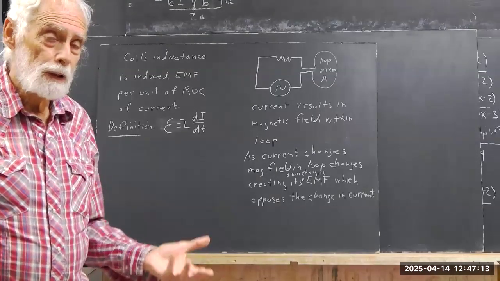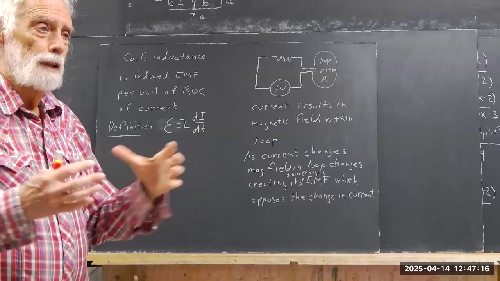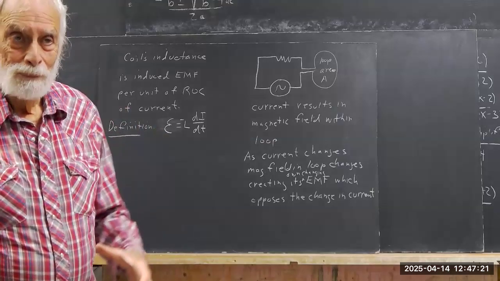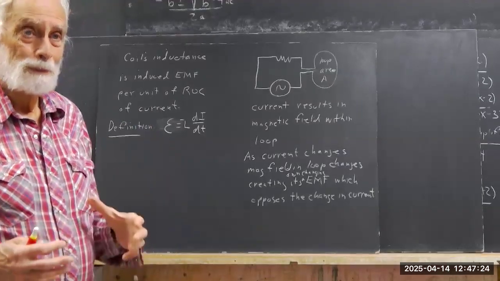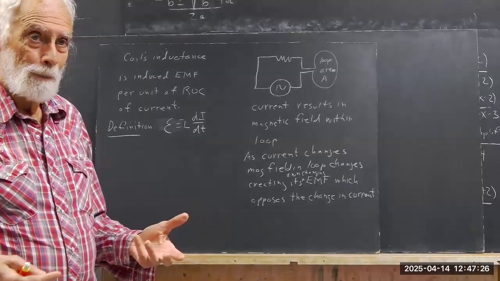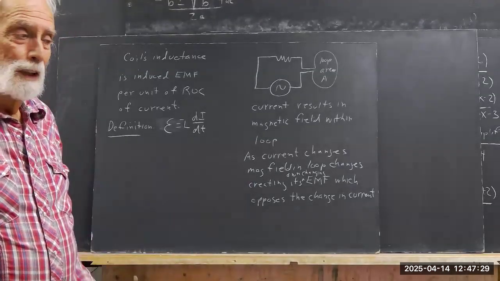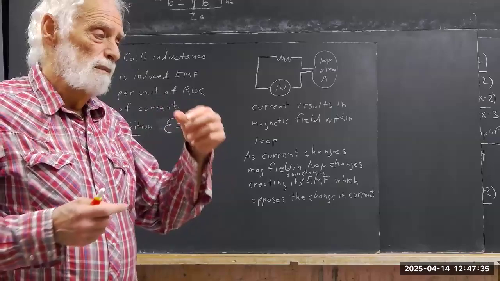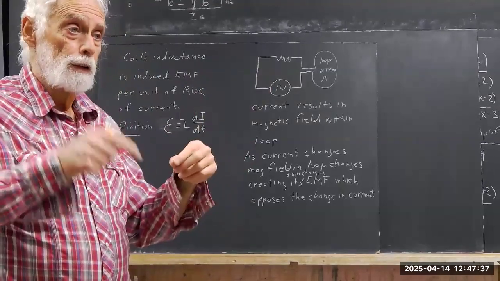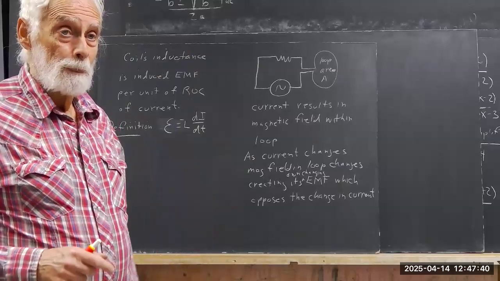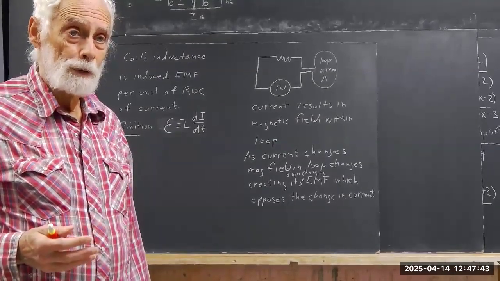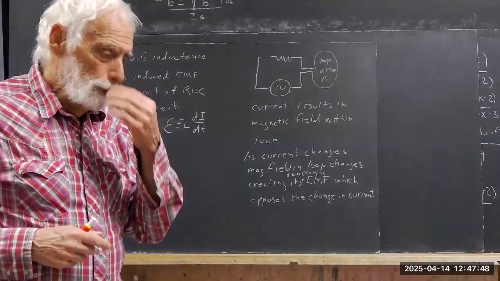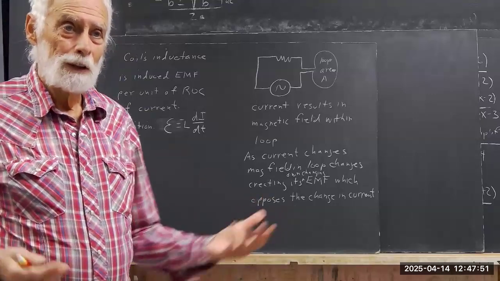We could figure out the field at any point, but there wouldn't be any symmetry, so our integral would be either tricky or impossible. Take my word for that, or try figuring out the magnetic field at a point halfway between the center and the loop. Your integral is going to be nasty.